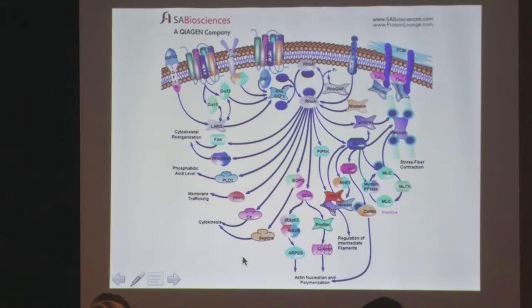And what's really going on in our cells? What's really going on in dendritic spines? Well, there's a lot more to actin polymerization than just activation of Rho A or activation of RAC1.